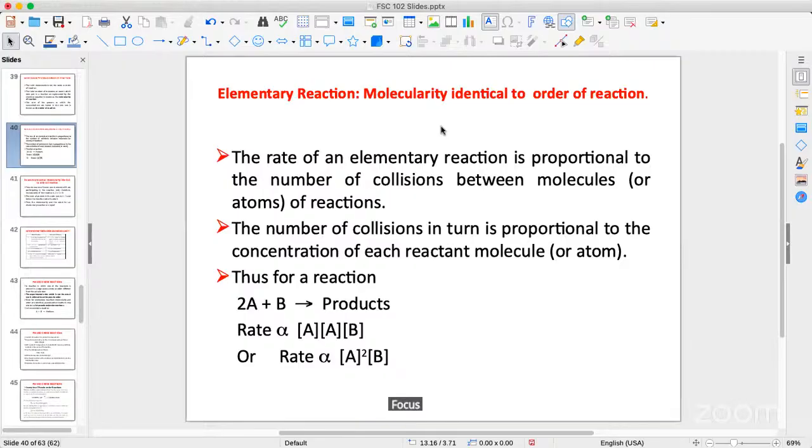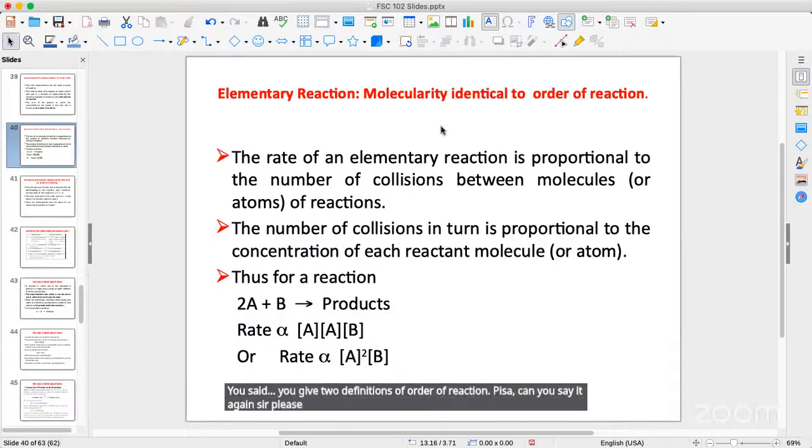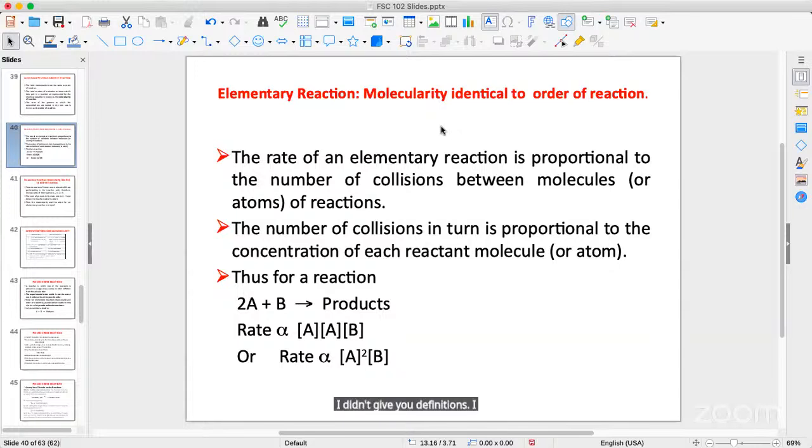You said you gave 2 definitions of order of reaction. Please, sir, can you say it again? I didn't give 2 definitions. I said you gave one mathematically, then one like the normal definition.